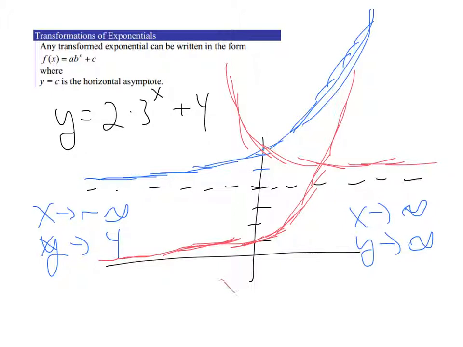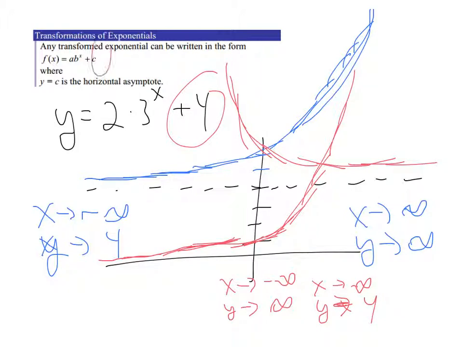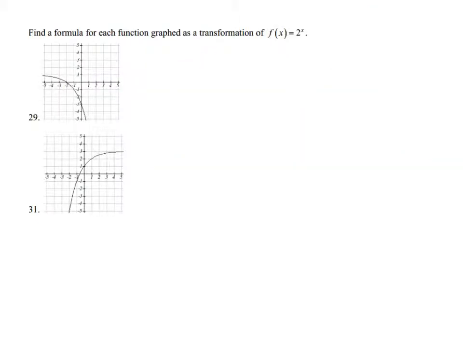I would say as x approaches negative infinity, y approaches positive infinity. As x approaches positive infinity, y approaches that horizontal asymptote, that 4, whatever this c number is. Okay, so hopefully that gets you a feel. Do a couple of questions out of the book around that.